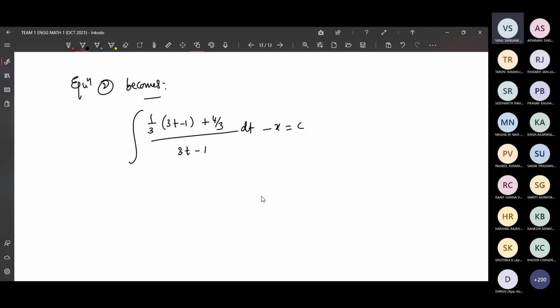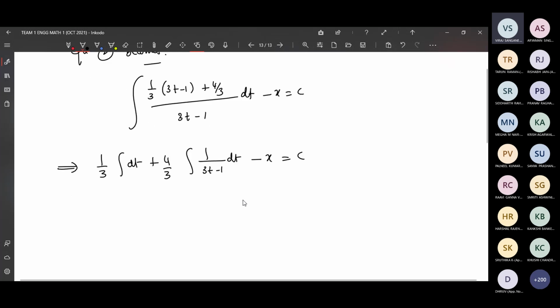So this means 1 by 3 times (3t minus 1) by (3t minus 1), that is just dt, plus 4 by 3 integral 1 upon 3t minus 1 dt, equal to minus x, which is 1 by 3 t plus 4 by 3 to put in the form integral f dash x by f x, then 3 multiply is required here, and at the same time 3 we are dividing, so log of 3t minus 1, equal to minus x plus c.